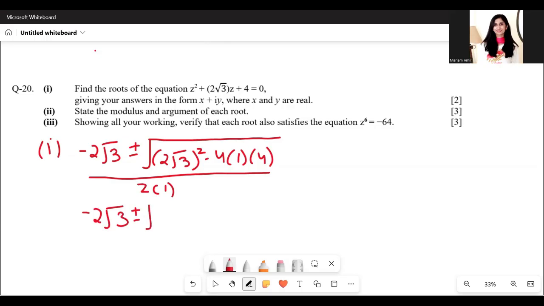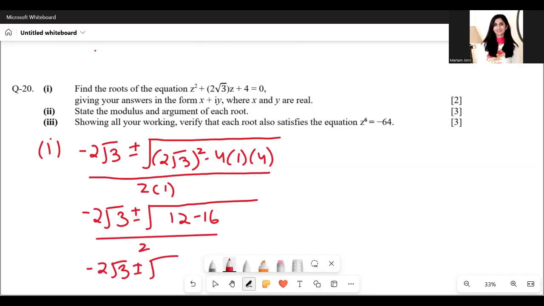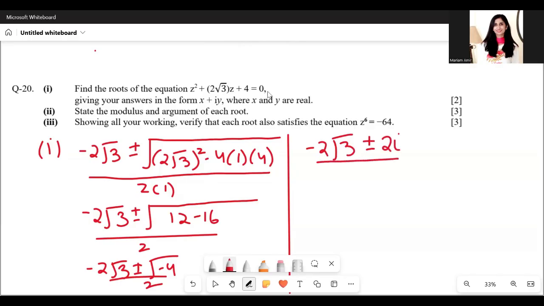What will the discriminant become? 2 squared is 4, 4 into 3 is 12, minus 16, over 2, which gives minus 2√3 plus minus the square root of negative 4, over 2. The square root of negative 4 is 2 iota, so 2 iota over 2.